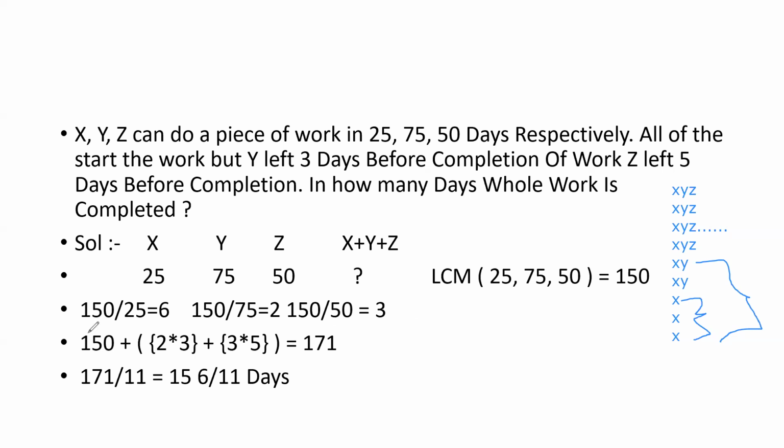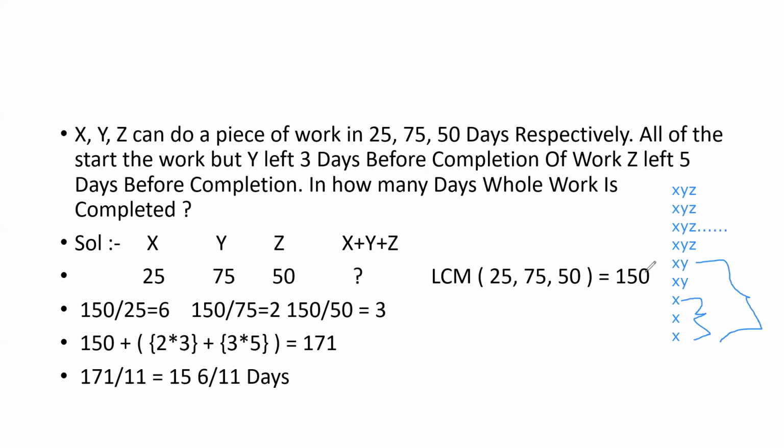Then we do 150 plus: here Y 1 day 2 units, then 3 days 6 units, and here Z 1 day 3 units, then 5 days equals 3 into 5, 15. Here 6 plus 15 equals 21. 150 plus 21 equals 171.